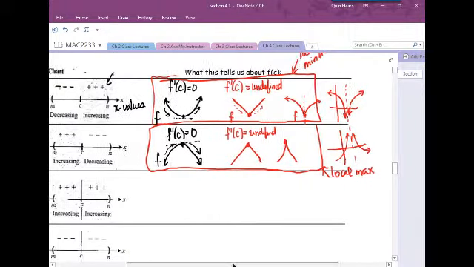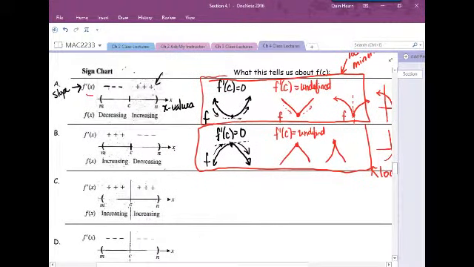But in all these other three cases, you see how we get a local maximum, as long as the original function was defined. Okay, so when you see that the signs of the derivative change at a particular x value c, you can expect to have local extrema.